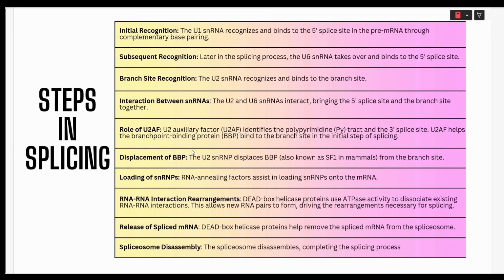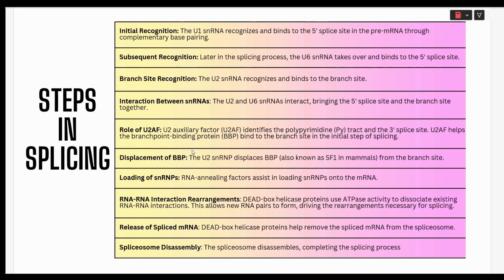As you can see here, these are the steps that are required in splicing. Let's go through them one by one. The first one is the initial recognition. It is done with the help of the U1 snRNA. It recognizes and binds to the 5' splice site, as I have mentioned here. You can take a pause and take a look here.